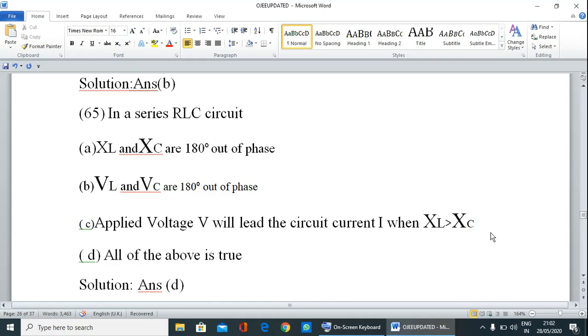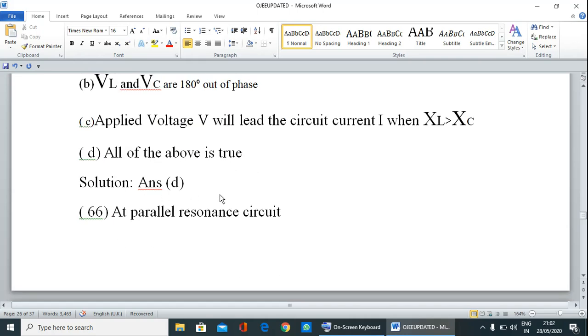Yes, this is also correct, because when XL is greater than XC, the circuit is more inductive. More inductive means voltage leads and current lags, therefore voltage leads the current. Therefore all of the above are true. The correct answer is D, that is all of the above.